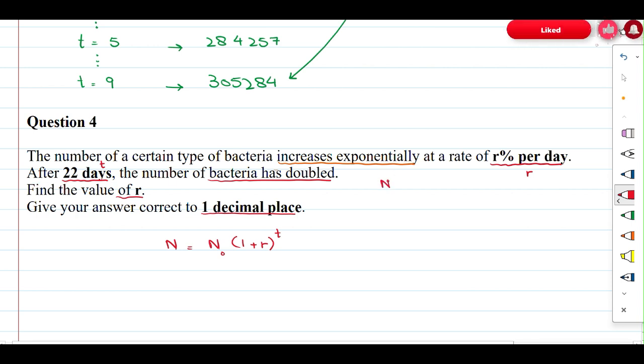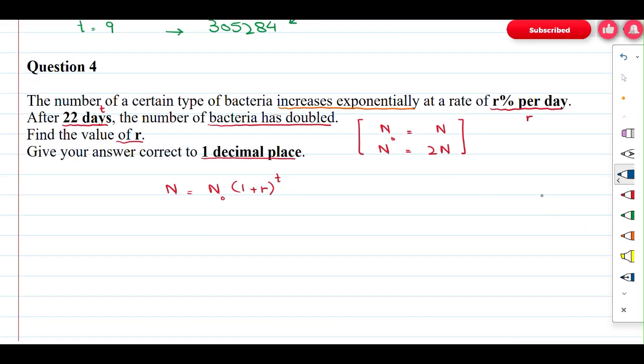It means if the initial bacteria are N naught, then after 22 days it is double, 2 times N. I hope you understand this statement: if it is initially N, then after 22 days it is 2 times N, right?